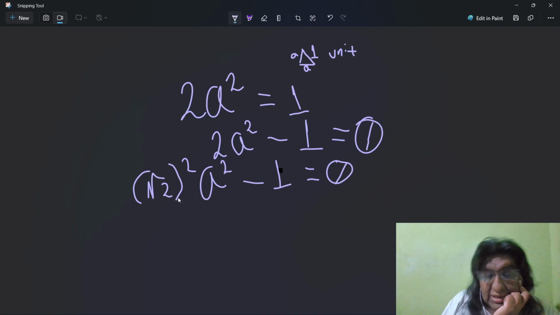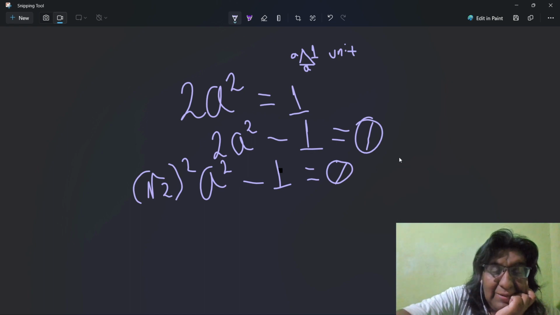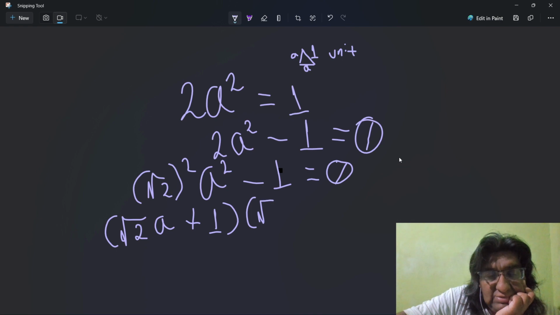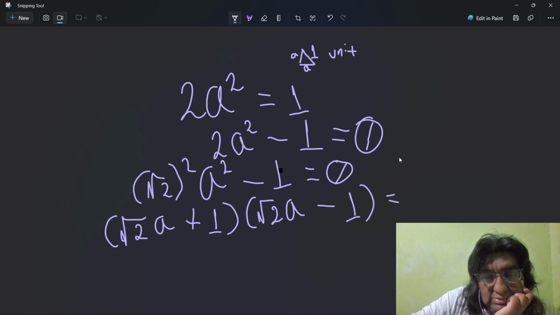And now you can apply the square rule, and you will say something like square root of 2 times a plus 1, times square root of 2 times a minus 1, equals 0.